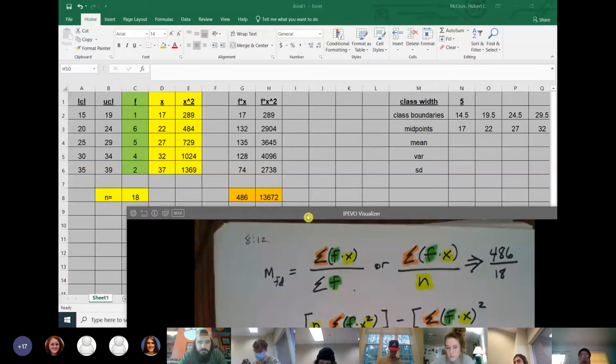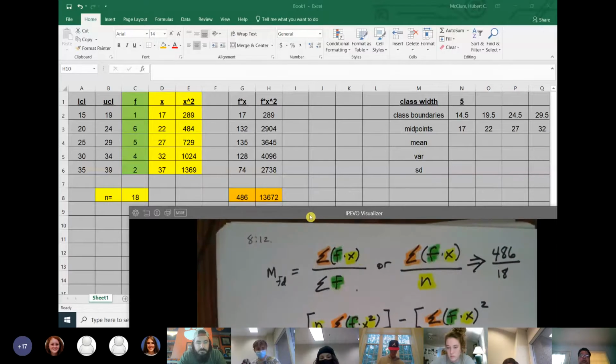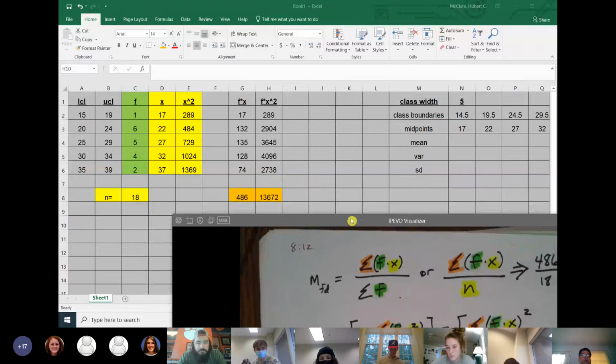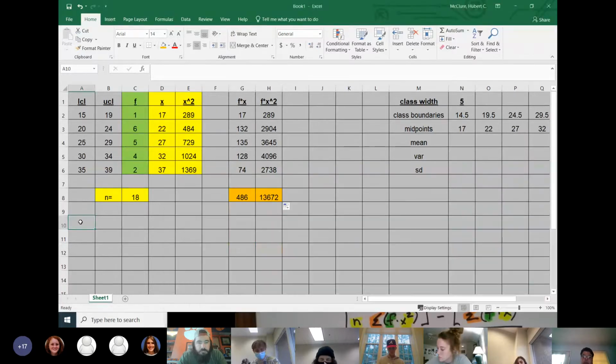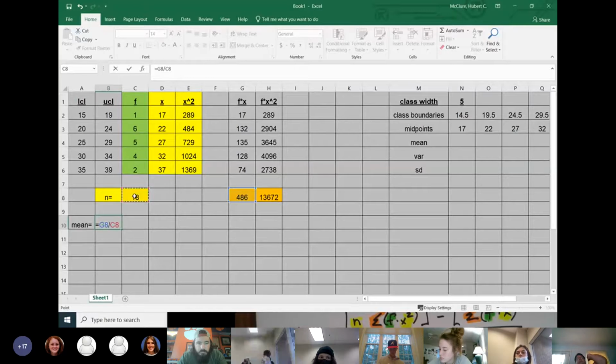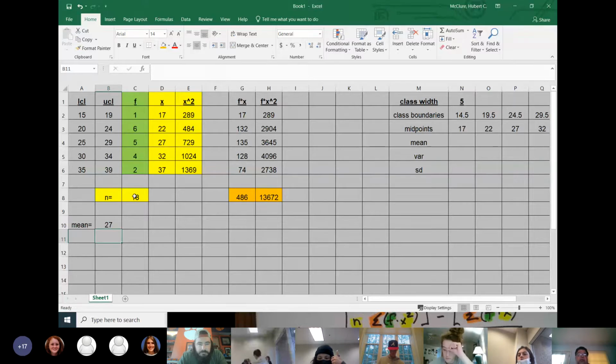So you go ahead and calculate 486 divided by 18. I'm going to put mean here, and it's going to equal the summation of f times x divided by 18. And we should have the same number. Somebody give me a thumbs up on 27. All right, good job.